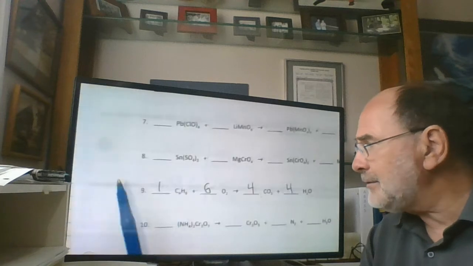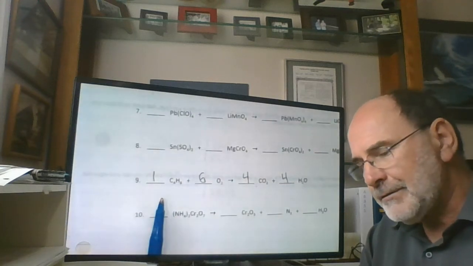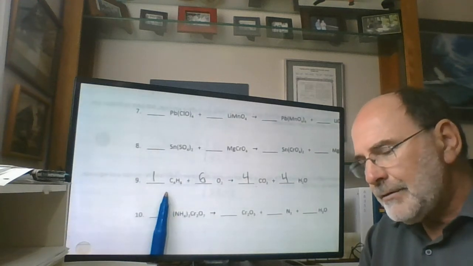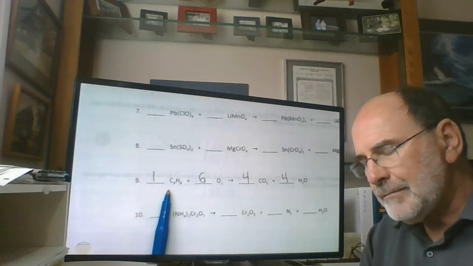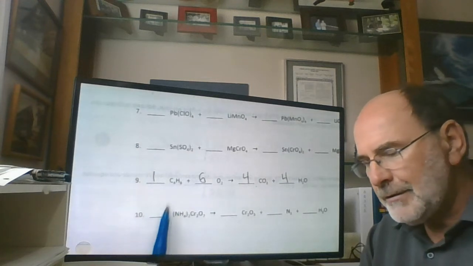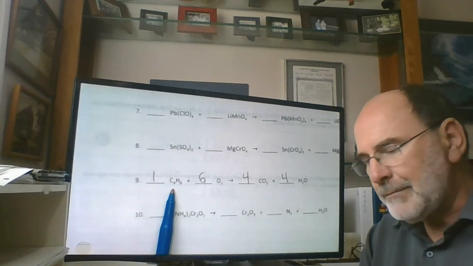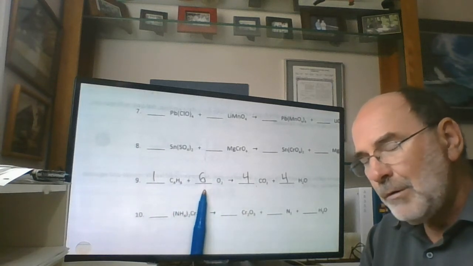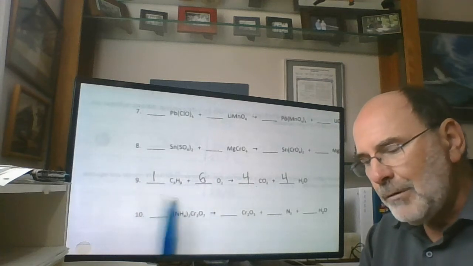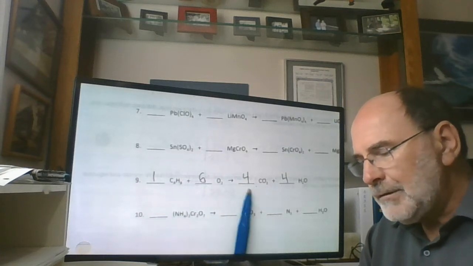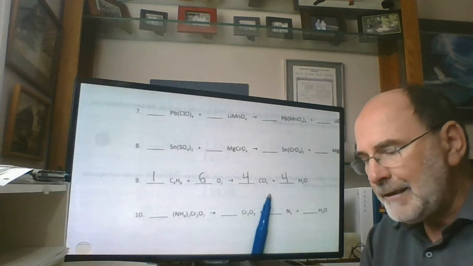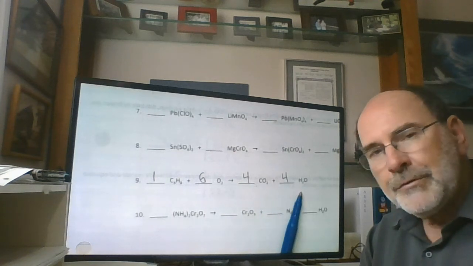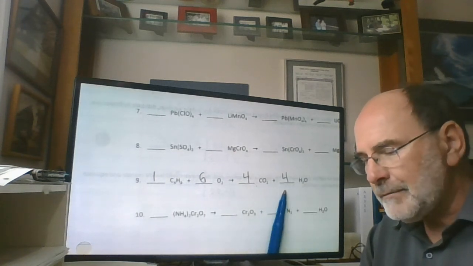Here's a combustion reaction. You love combustion reactions, particularly balancing them. So this is C4H8, and I don't recall if that's butane or what that one is. But as a balanced chemical reaction, I need 6 moles of oxygen for every mole of this fuel to produce 4 moles of carbon dioxide and 4 moles of presumably liquid water.